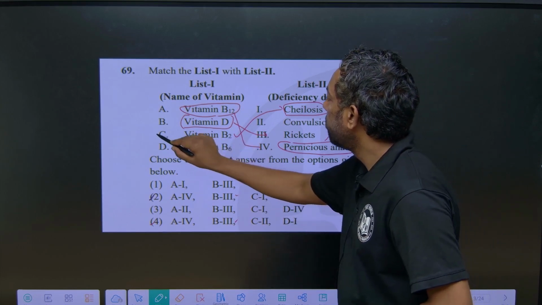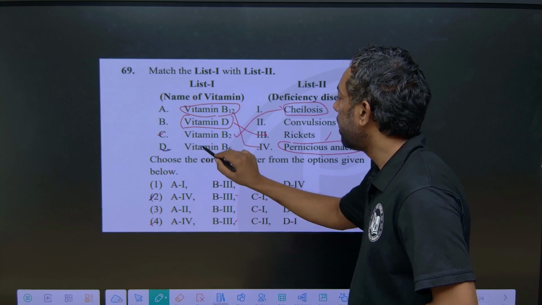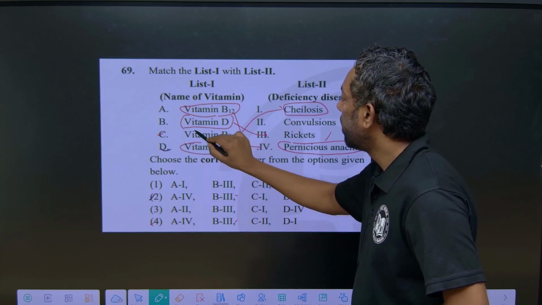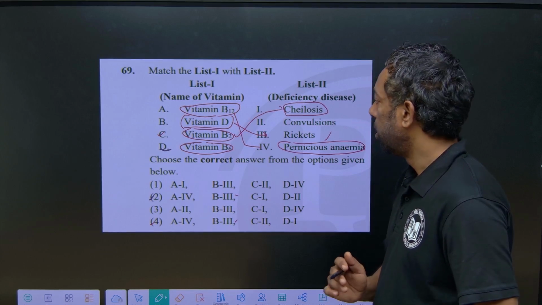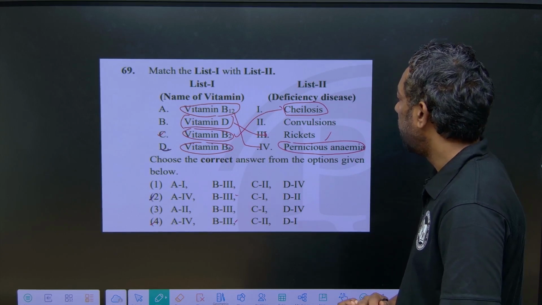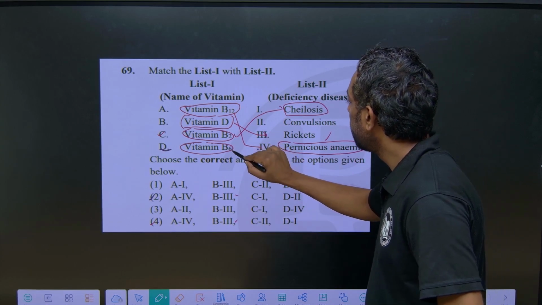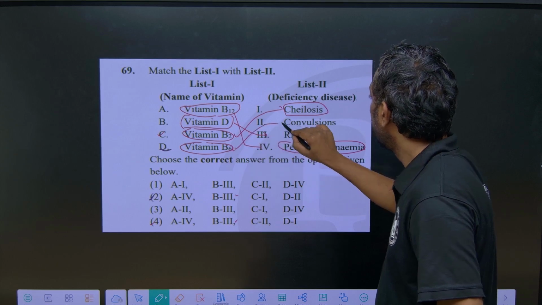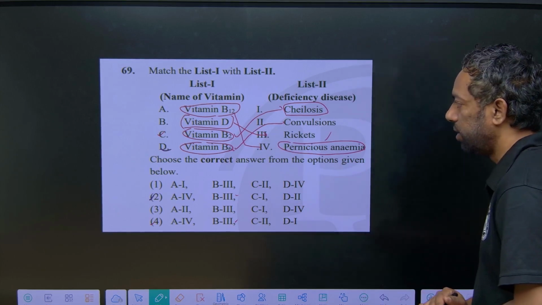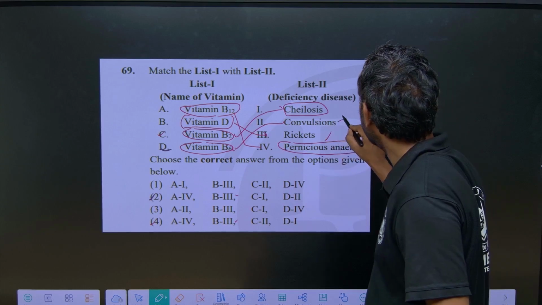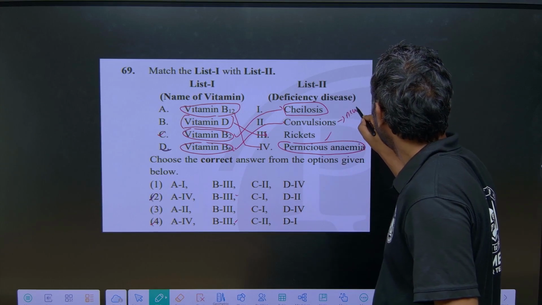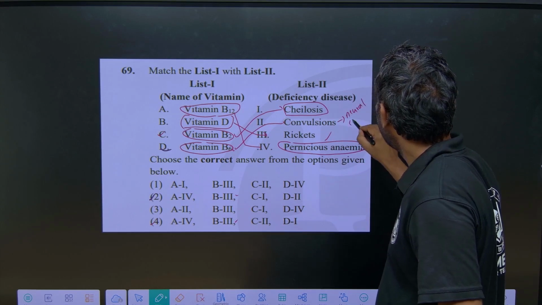This is vitamin B6, pyridoxine, and vitamin B2 is riboflavin. Pyridoxine, vitamin B6, is associated with convulsions, the disease about neural conditions.